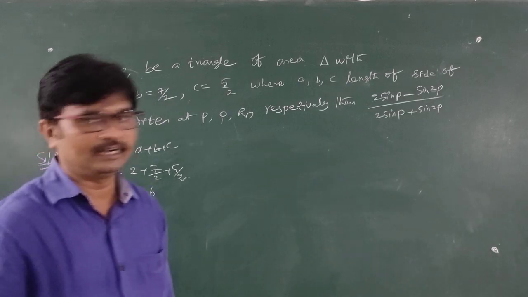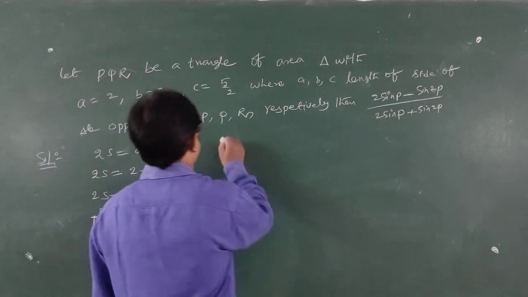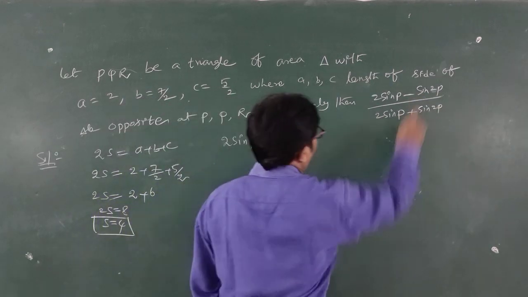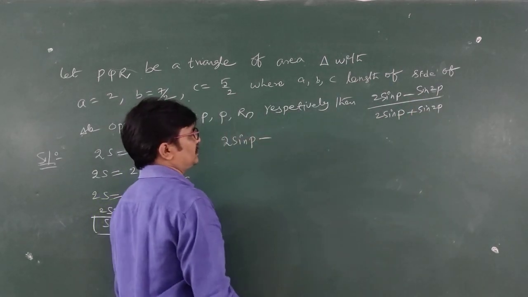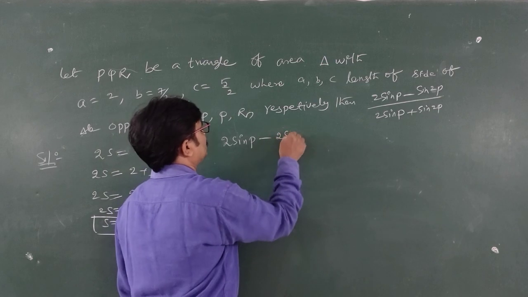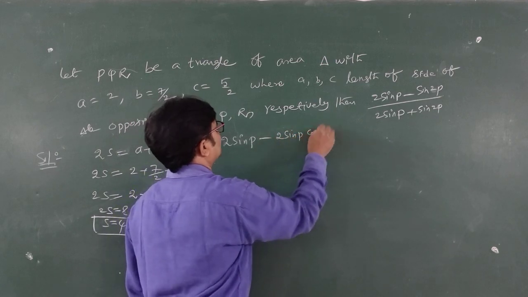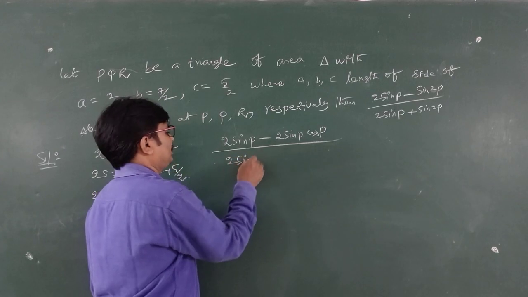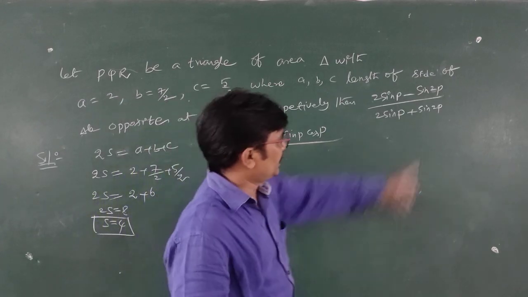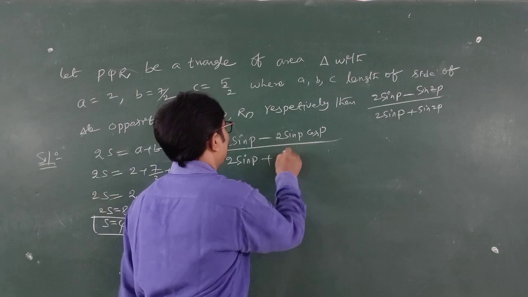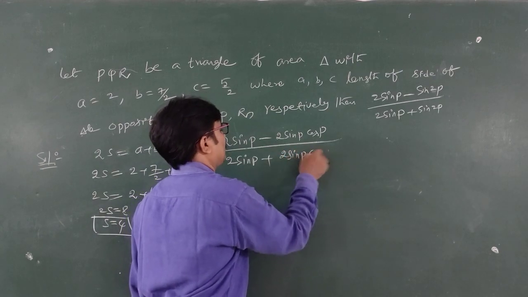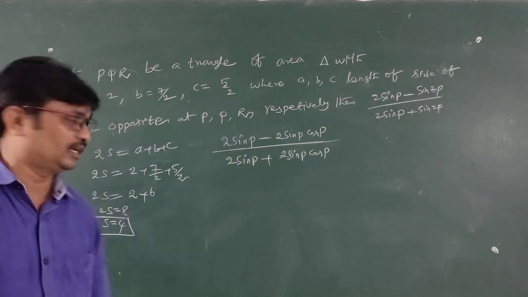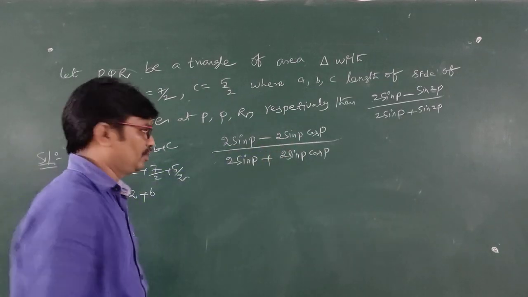So after that students, we are taking 2 sin p minus sin 2p. Everybody knows sin 2p is 2 sin p cos p, upon 2 sin p plus sin 2p. What is the common term in the numerator and denominator? 2 sin p is the common factor.